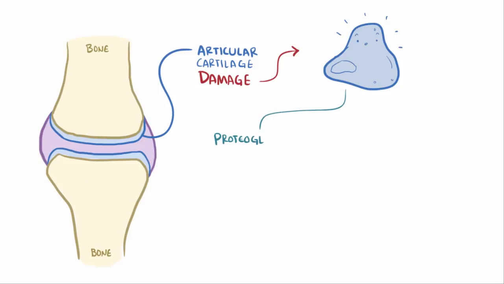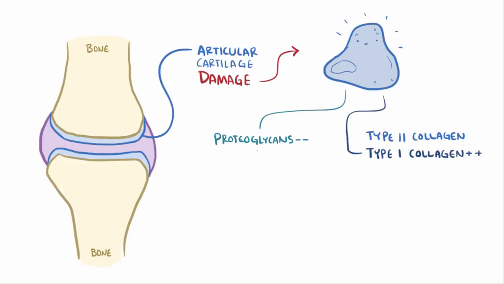They initially start making less of the proteoglycans and more type 2 collagen, but soon switch over to making a different collagen type, type 1 collagen. Unfortunately, type 1 collagen doesn't interact with the proteoglycans in the same way, and there's this overall decrease in elasticity in the cartilage matrix, allowing it to break down.